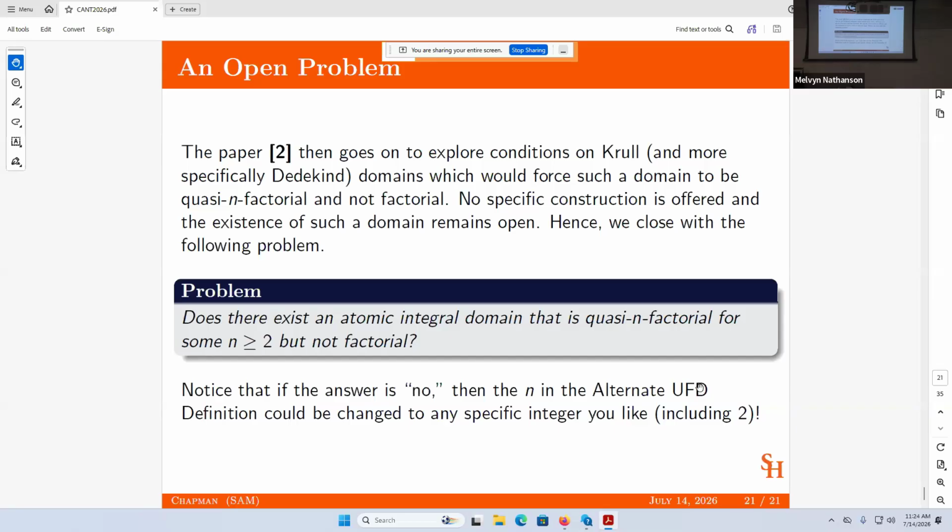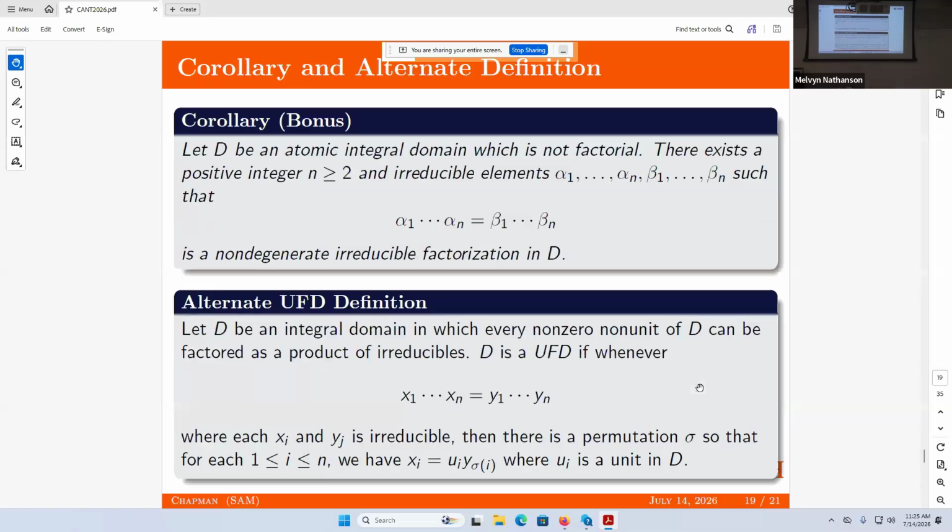Now, I think the way you approach that problem in the best sense is let n be 2. We think the answer is no. We don't have a proof, but our gut is telling us that the answer is no. But think about this. If the answer is no, you could take this alternate UFD definition and change n to 2. And then this really blows my mind.